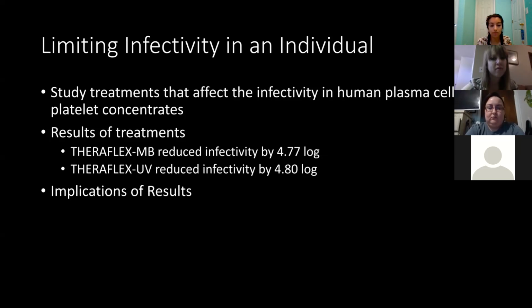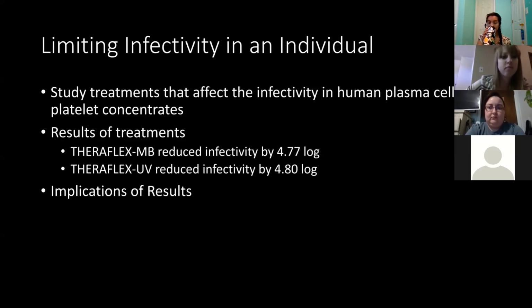Likewise, Theraflex UV was an ultraviolet C light treatment and was performed on platelet concentrates. The results found Theraflex MB successfully reduced yellow fever virus infectivity by 4.77 log in plasma cells. Furthermore, Theraflex UV reduced infectivity by 4.8 log in platelet concentrates.